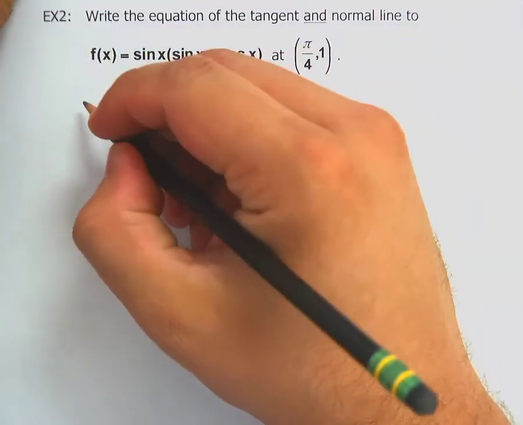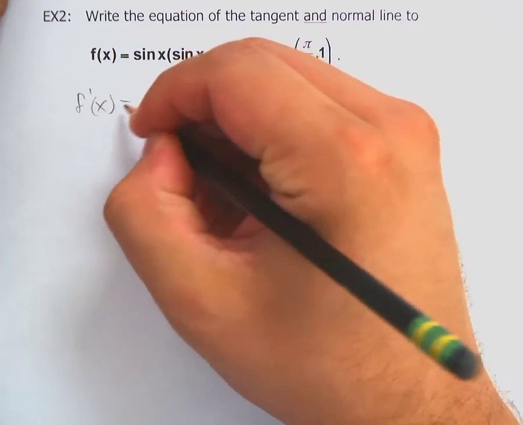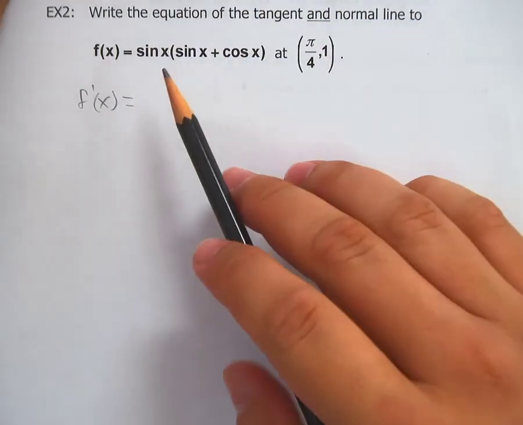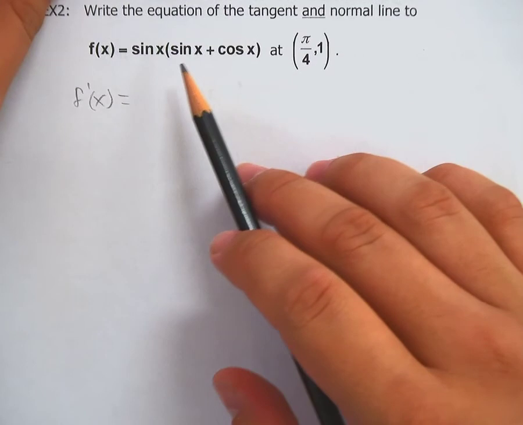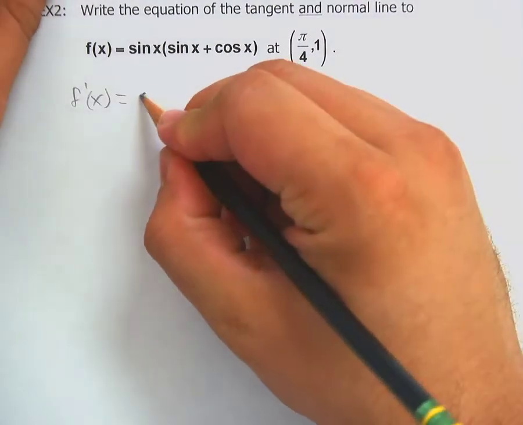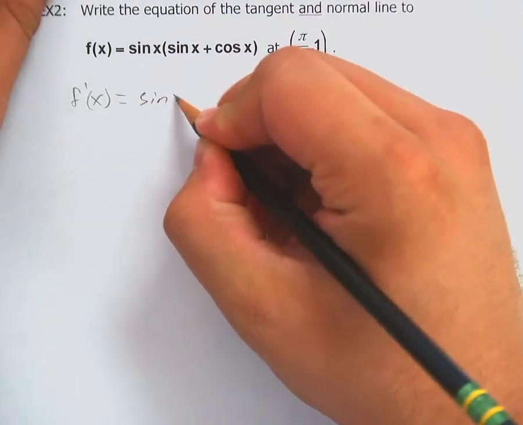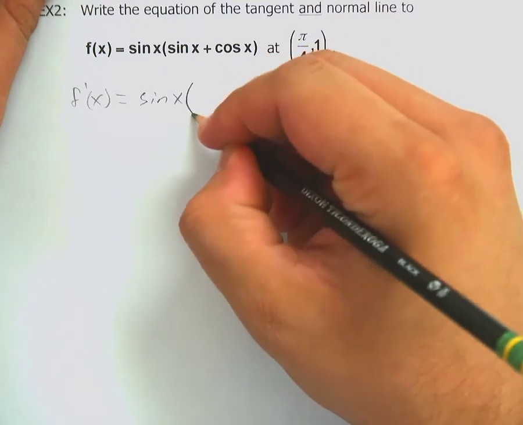So I need to find f prime of x. Now this is going to be a product rule, right? So it's the first times the derivative of the second.